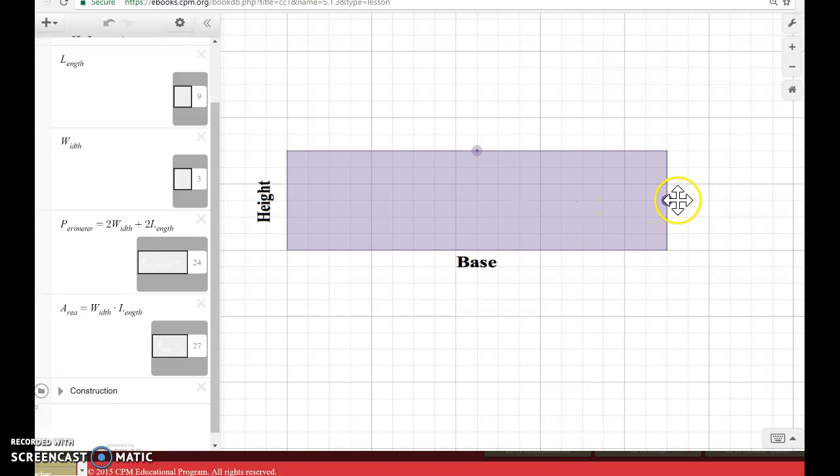If I double the length, I actually doubled the area. I just made it twice as long. Here was the original rectangle, and I added a whole other one right on top. So if I doubled the length, I doubled the area.